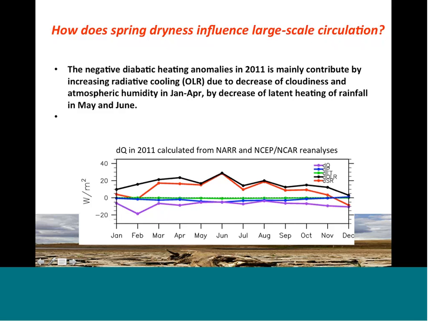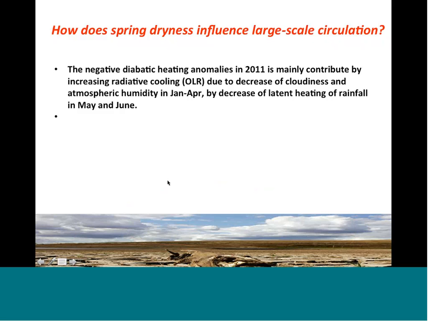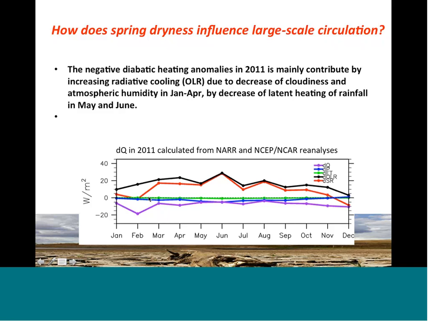During January to April, the total diabatic heating anomaly is primarily contributed by the increase of longwave cooling, and the decrease of latent heating due to decreased rainfall has a minor contribution.